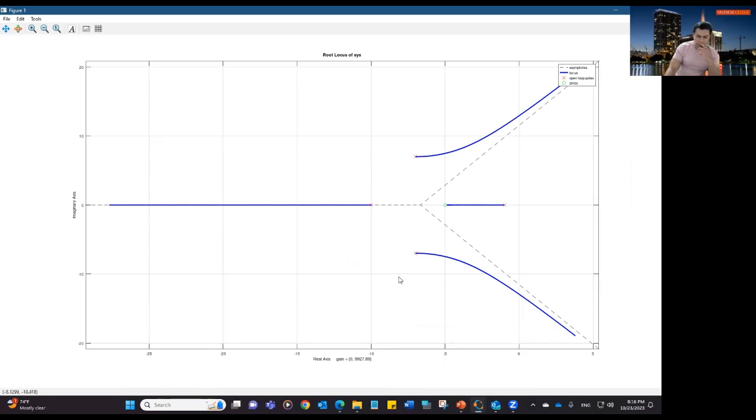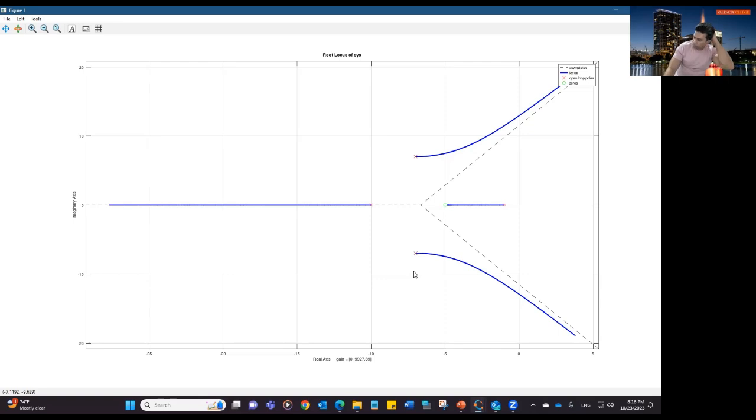You have the built-in function, and the concept is that you're changing the value of K, collecting all those roots. When I created the program, I created vectors for all the roots: a vector for the first root, the second root, the third root, and the fourth root.